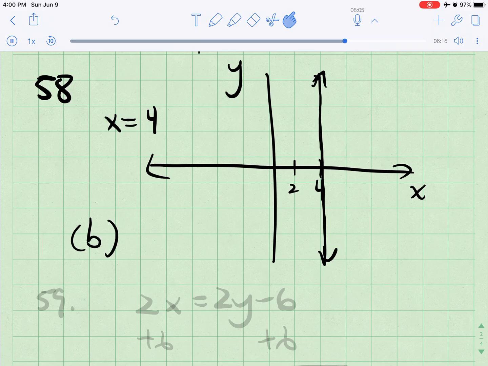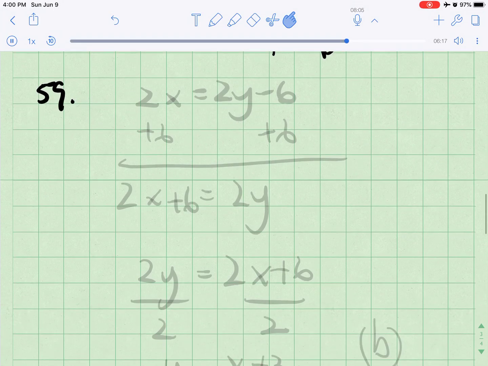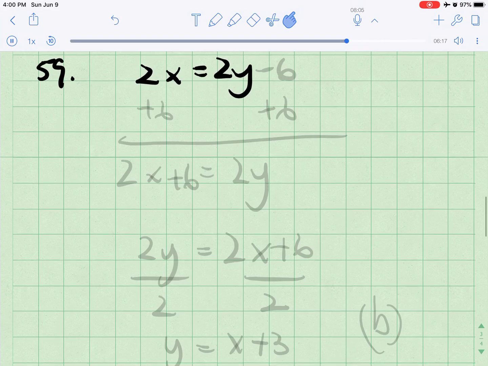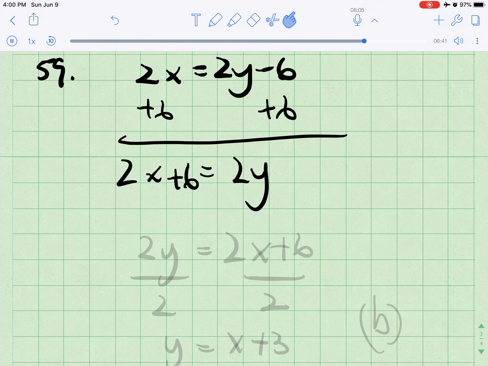So, let's go to 59. 2x equals 2y minus 6. They want us to relate this to the graph. Well, we've got to solve this for y. So I'm going to add 6. I'm going to add 6. Now we have 2y equals 2x plus 6.